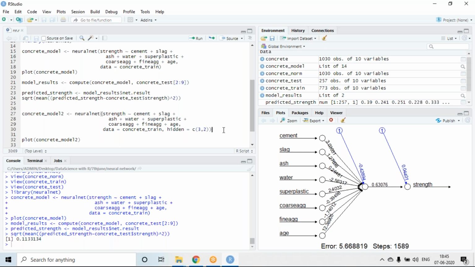Now I have brought 3,2. What is 3,2? It was in the last day's files, Sonali. Just check the 7june.zip file I have sent yesterday. So what is 3,2?